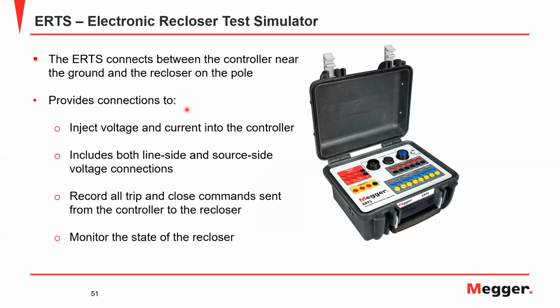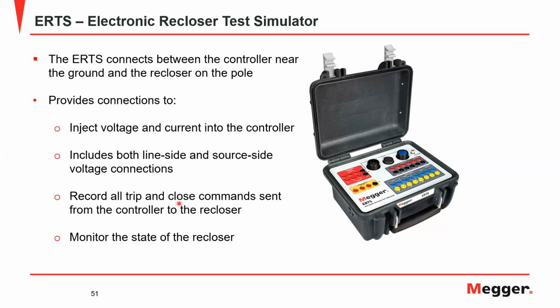So it provides connections so we can connect our relay test set to inject voltages and currents. Currents you can connect here, voltages. If you notice, we have two sets of voltages. So we support the ability to inject line side and load side voltage. And if you know reclosers, you'll understand that can be very important.